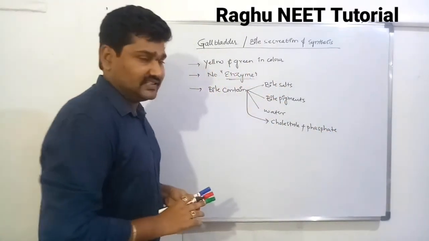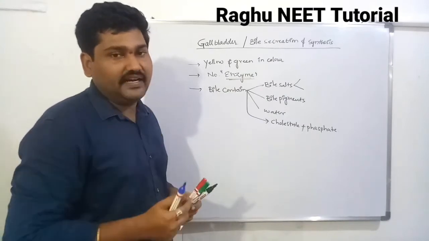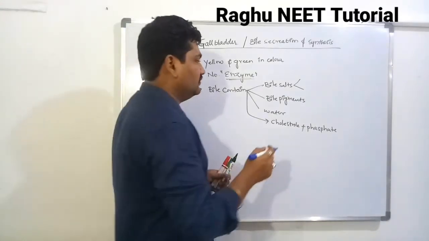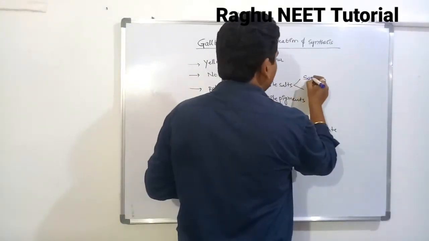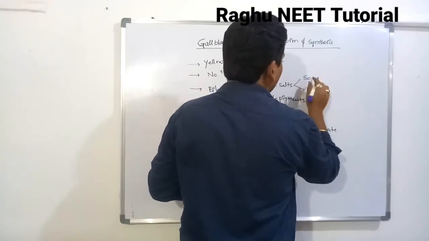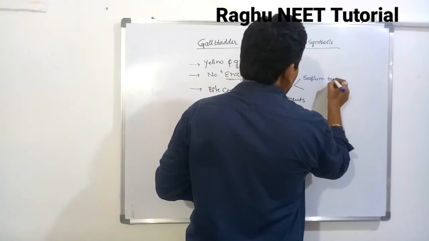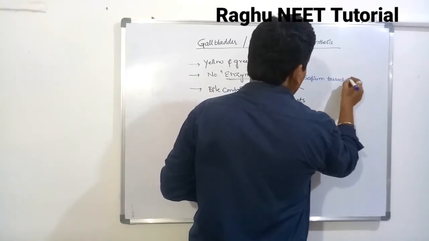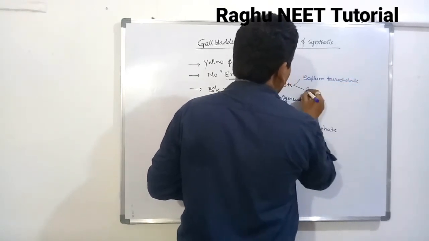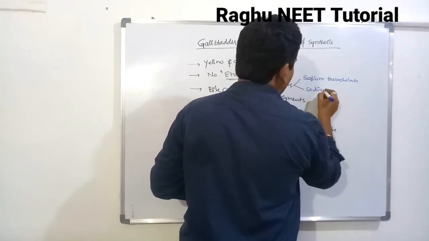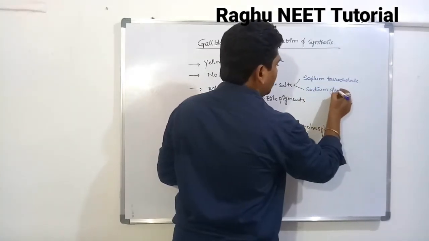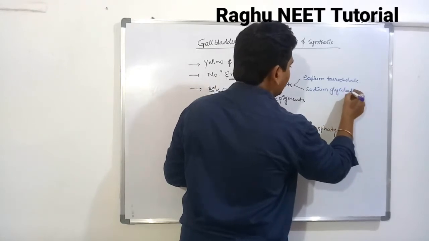What are the bile salts? Two different bile salts are present. First one, sodium taurocholate, and second one, sodium glycocholate.